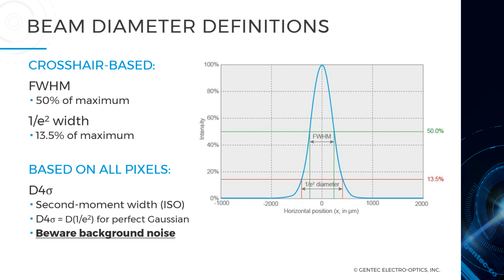The 4 sigma diameter is obtained through second moment calculation, including contributions from all the pixels in the active area of the sensor. It is more representative of the overall distribution of your beam than the crosshair-based definitions. Now, the drawback to the 4 sigma definition is that background noise has an effect on the measurement and it will overestimate your beam's diameter.